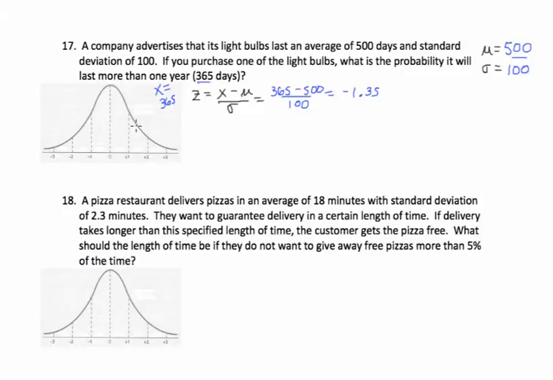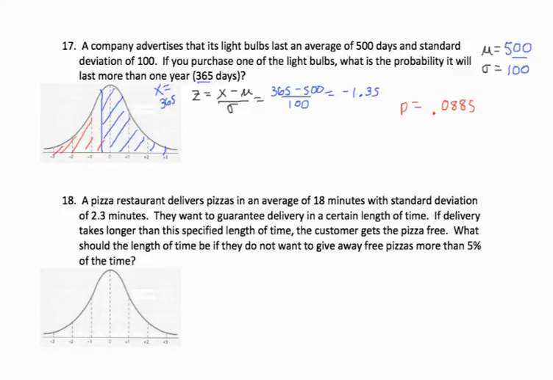(365 days) goes with a z-score of negative 1.35, about here. We want to know what is the probability that you'll last more than a year. Well, our table, when we look up negative 1.35, we're going to find that the probability that you're to the left of the z-score is 0.0885.